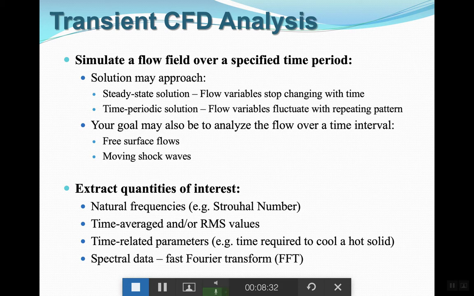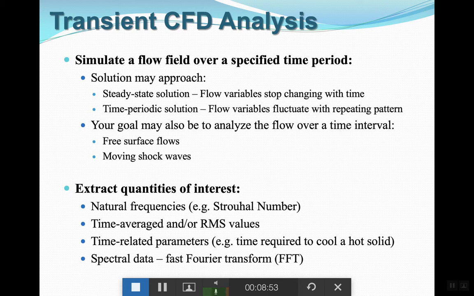I will tell you in a minute why we haven't discussed that, because we have actually discussed that previously. So when you are performing a time-dependent simulation, what happens is your solution in time approaches a steady state solution.